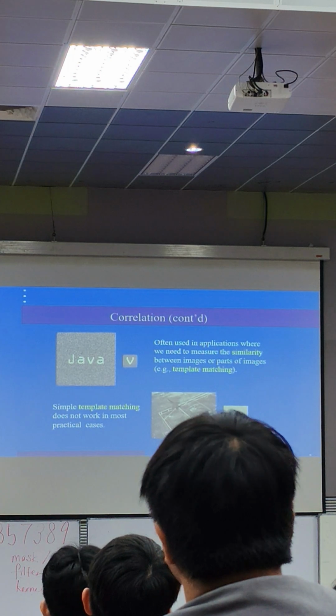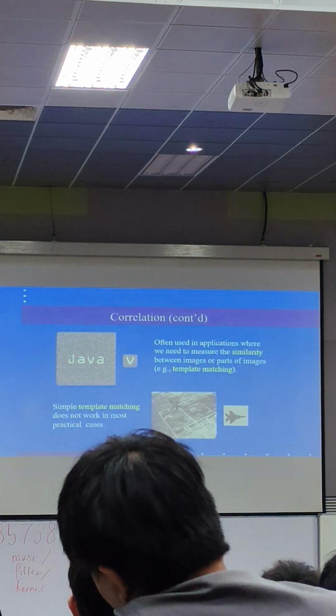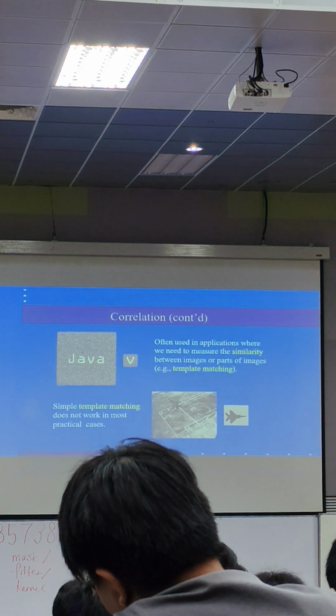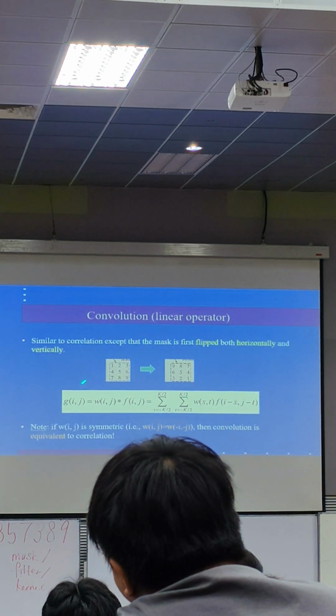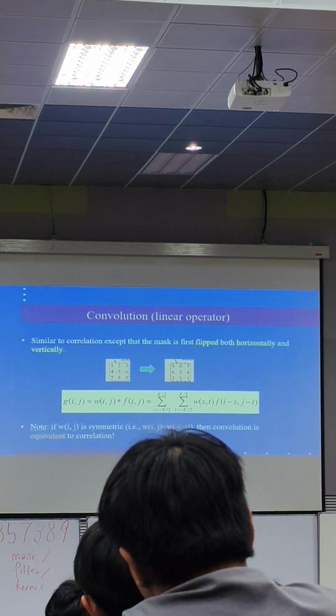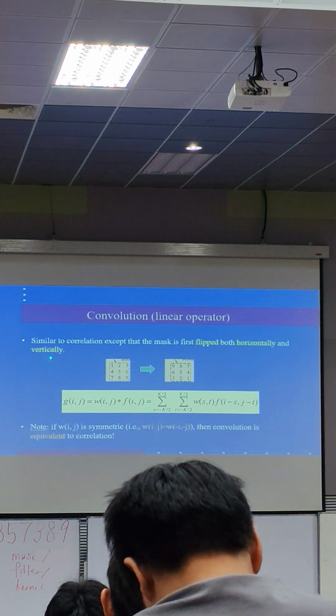I repeat. Correlation: multiply directly, 1 to 1, W1 multiplied with x1, W2 with x2. Convolution: before we do the multiplication, we flip it, flip and flip. Remember, flip it and flip it.